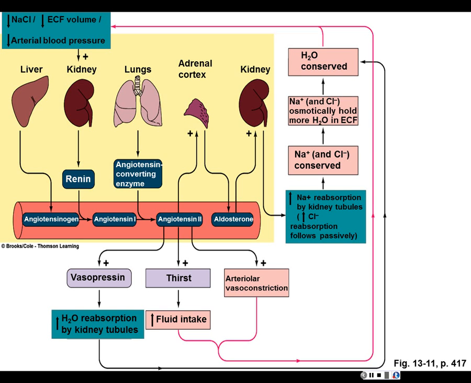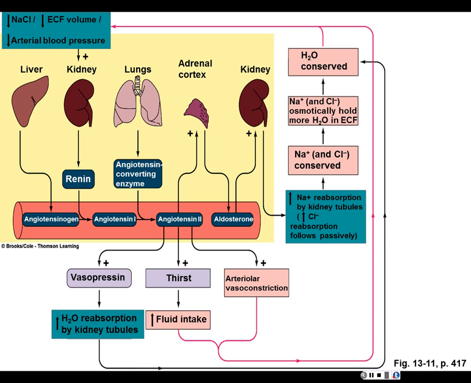It also causes some of our blood vessels to constrict, and that increases resistance, which increases pressure directly. Indirectly, aldosterone to kidneys promotes sodium reabsorption, then chloride, then water, which brings our blood volume up. Antidiuretic hormone also targets the kidneys to promote water reabsorption directly, which brings our blood volume up and our blood pressure up.